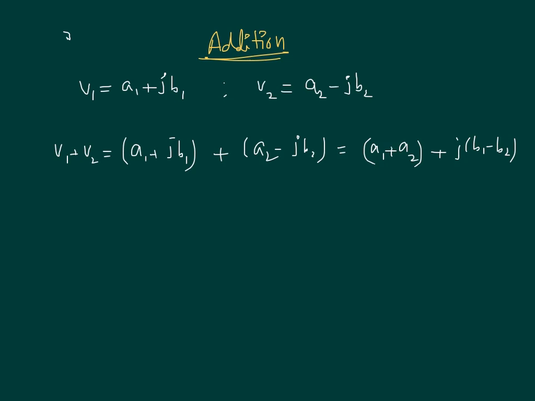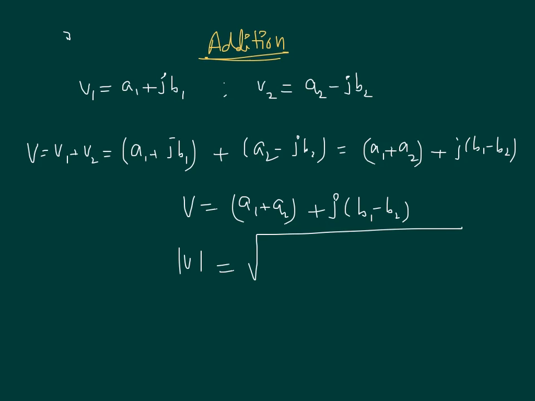That equals capital V. So capital V equals a1 plus a2 plus j into b1 minus b2, and the magnitude can be treated as the square root of a1 plus a2 whole square plus b1 minus b2 whole square.